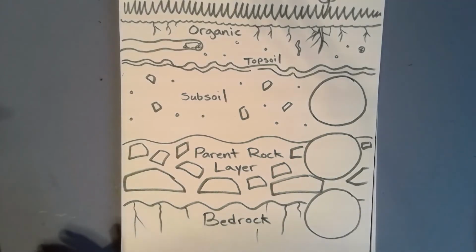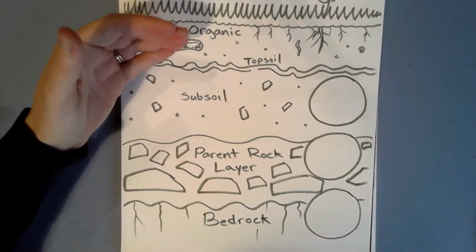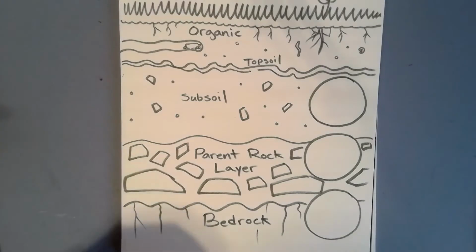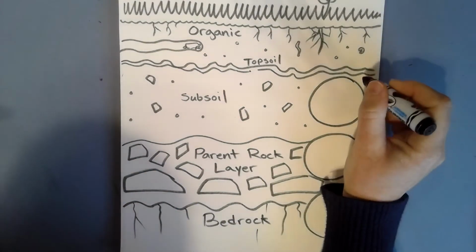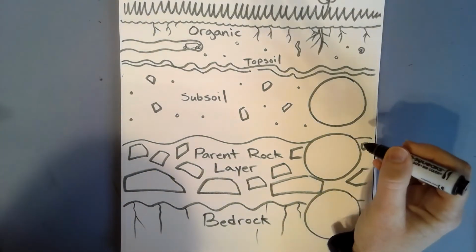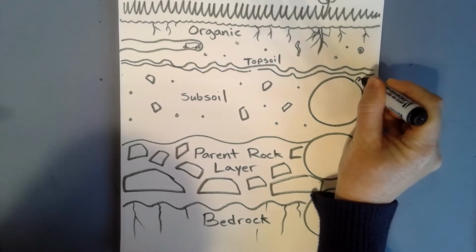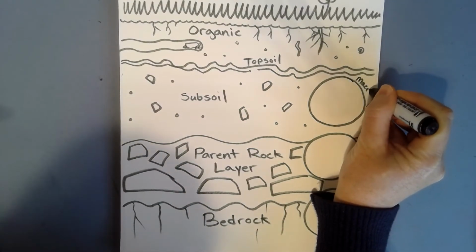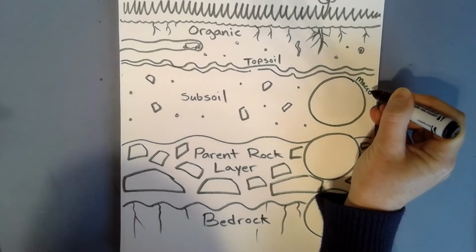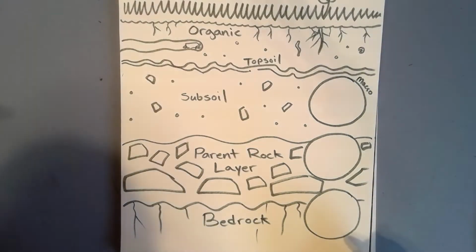Alright, so you're probably wondering, that's great, we've done the 5 different layers of soil, so what are these 3 circles for then? I want you to learn 3 words for these circles. Macro, meaning larger, M-A-C-R-O, macro.